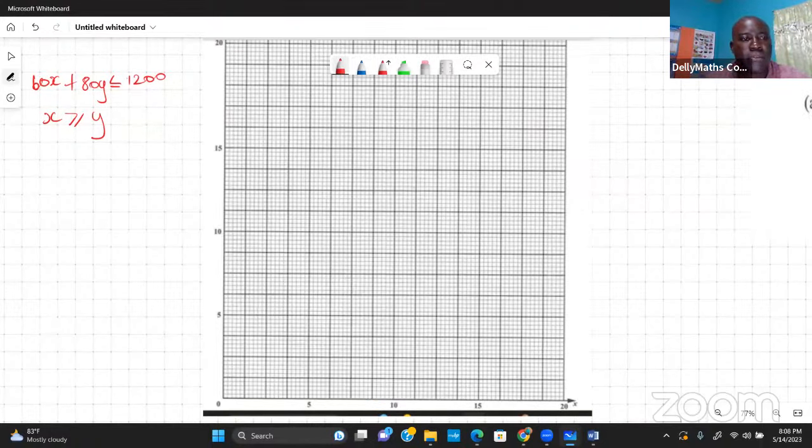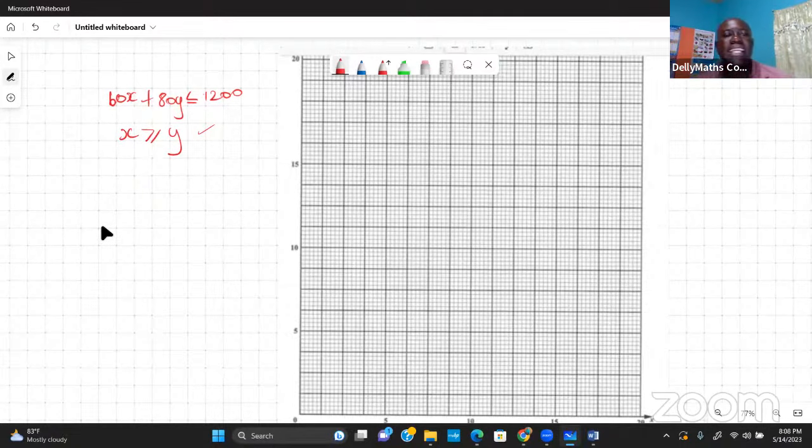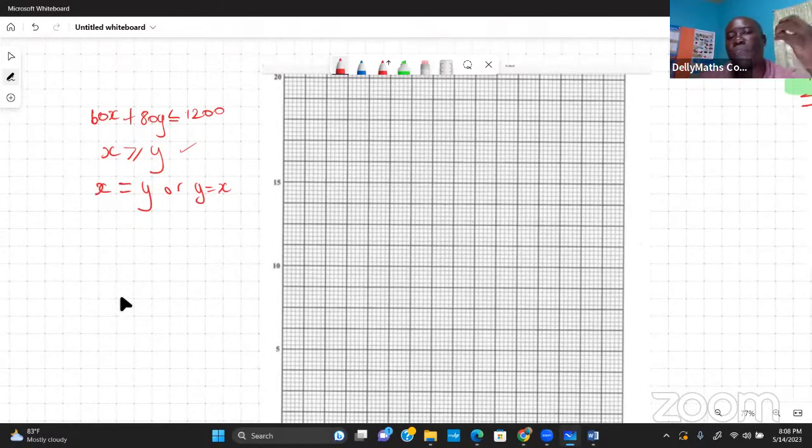Now, let's draw this one first. For every inequality, there's a line linked to it. The line helps you, and the inequality is a region. The line for x greater than or equal to y is x equal to y, or as most people call it, y equal to x. That's the line linked to the inequality.